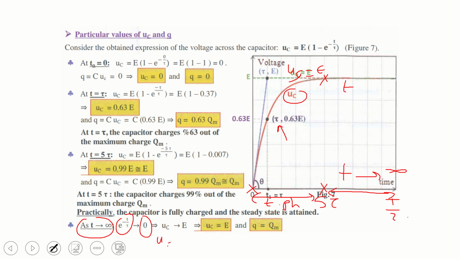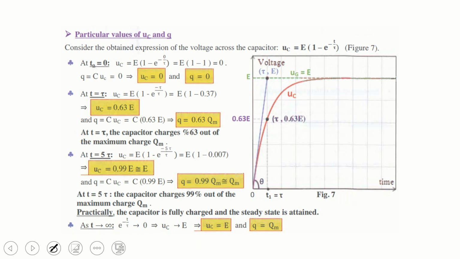So UC, which is equal to E(1 minus e^(-t/tau)), as this one tends to 0, UC tends to E. So as time tends to infinity, UC tends to E.